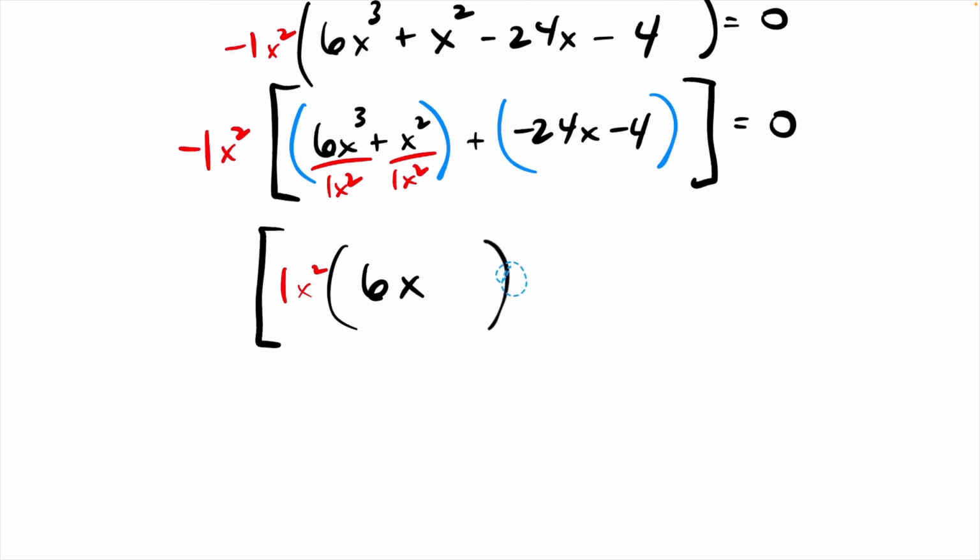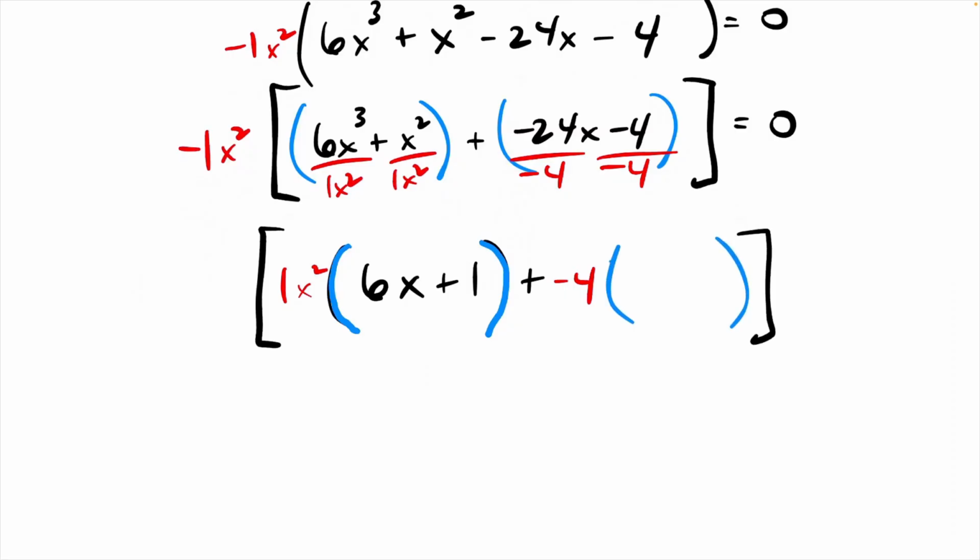The only time you get 0 is when you divide by 0. I'm not dividing by 0. And if I want to match, I need to go -4, -4. So we get 6x plus 1.